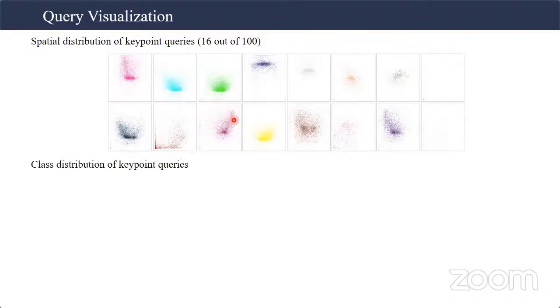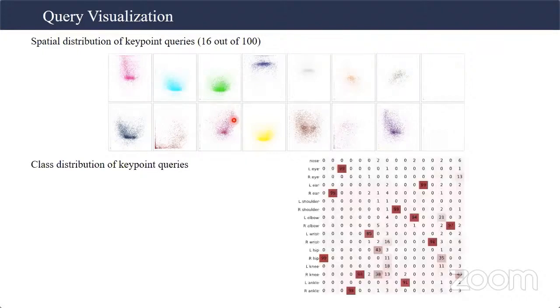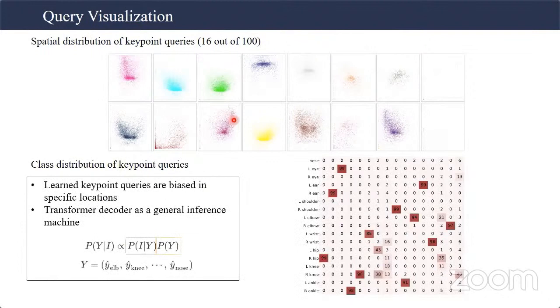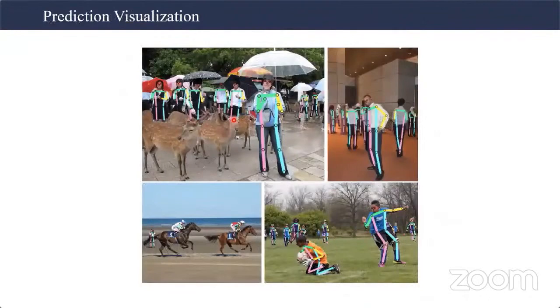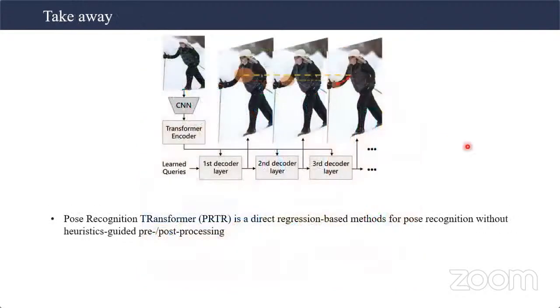There's a bias for the localization for the specific queries. Certain queries are dedicated to certain control points. The learned key point queries are biased, and the transformer decoder is a general inference machine performing regression for the key points for a pose. Here we show more illustrations with the visual results.